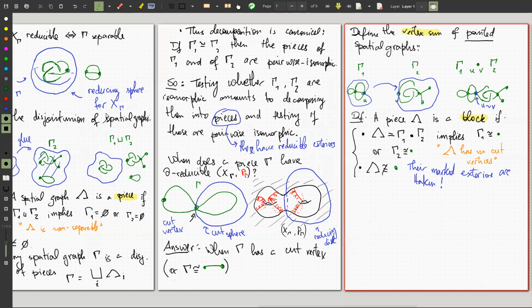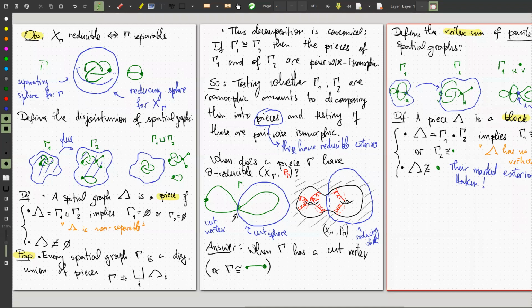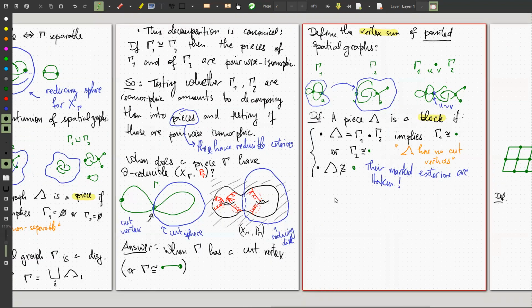But you see, now is when things become slightly complicated, because before you could just write a disjoint union like this, described by giving a set of pieces, and there's no ordering to these pieces, there's no combinatorial information about how they are assembled. But this time we have these vertices to glue along, and we're not always gluing along the same vertex of the same graph. So this is where we have a bit of complication, but it's also where we have a bit of fun.